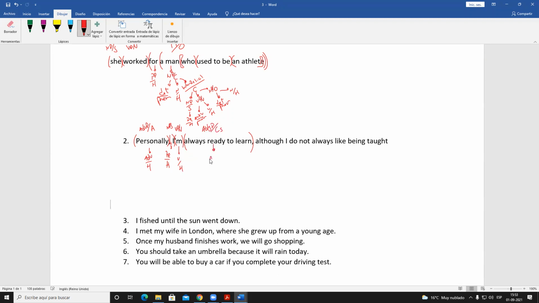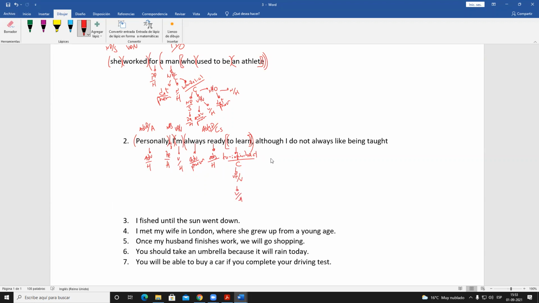Ready is the adjective head, and always is an adverb premodifier. Cuidado con to learn, and this is the thing I told you previously during the lesson. What we have in here is a true infinitive clause acting as a complement inside of an adjective phrase. This is possible, which is made by a verb phrase verb, which is made of a verb head.